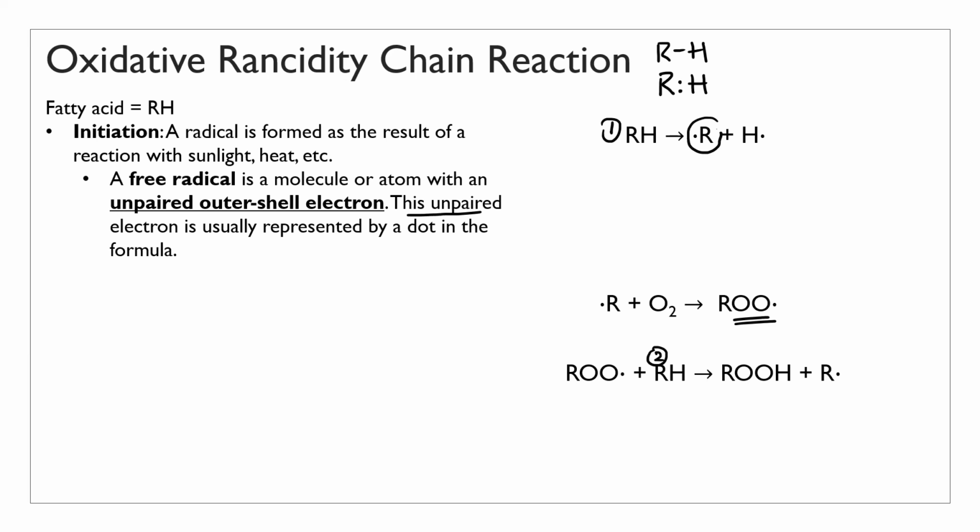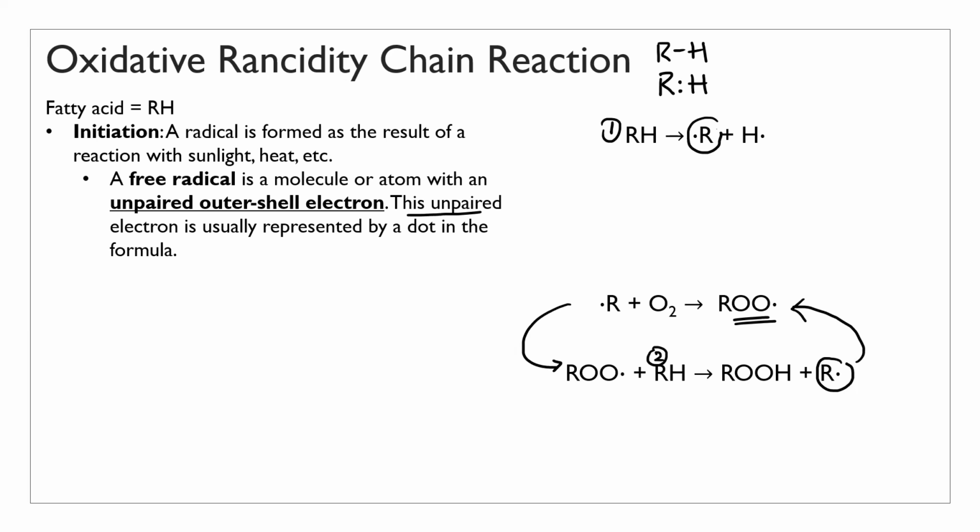So this is where the chain comes in, because you start with one and then it's going to make something that can go and attack another one. And you can see how after this, you reform R dot. So R dot can go again and form another free radical with oxygen. And then that is going to go and attack another normal fatty acid.